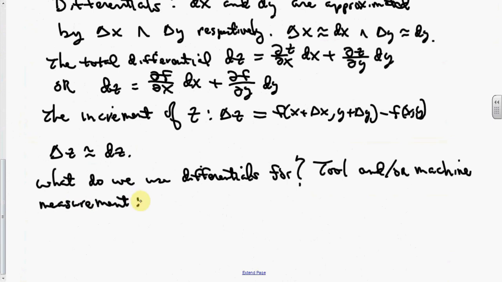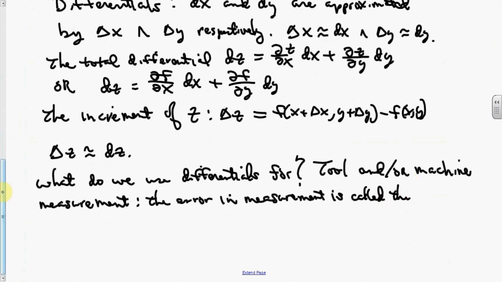There may be an error in the measurement. You want to be able to calculate that error. We call that the differential, or the increment.